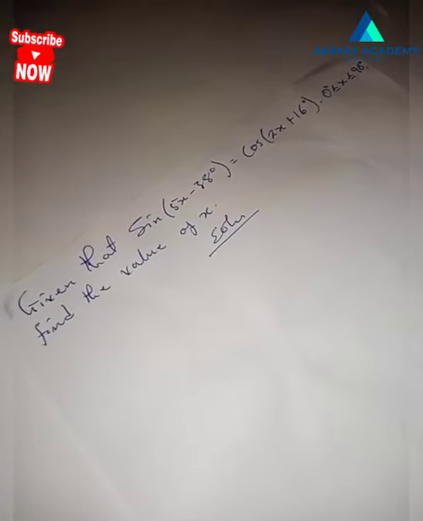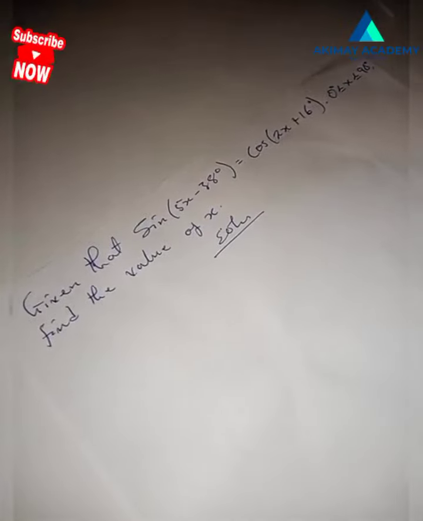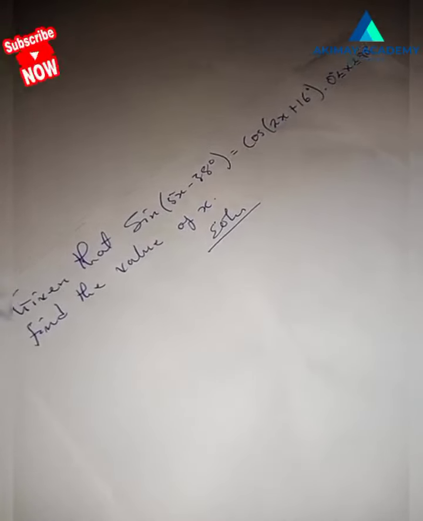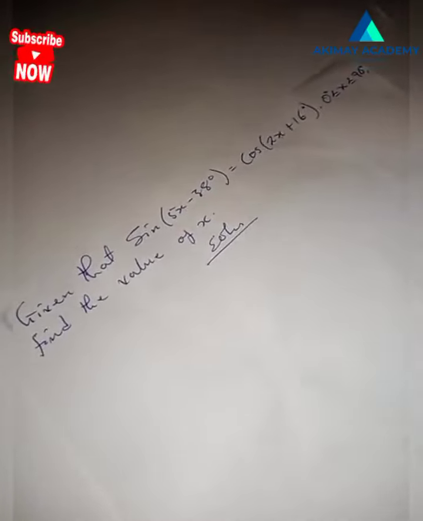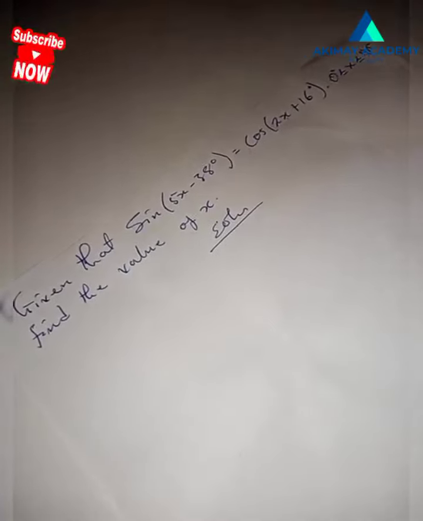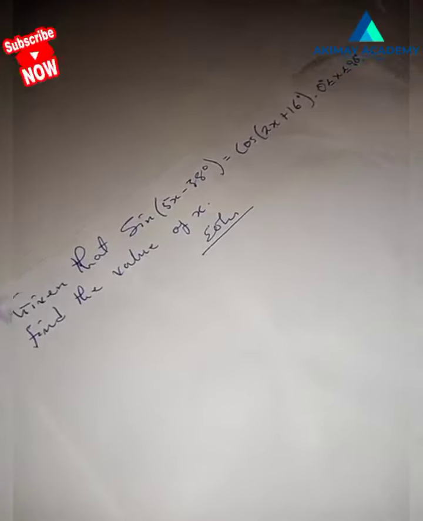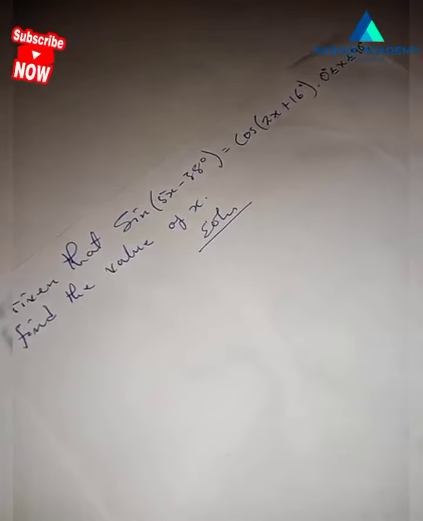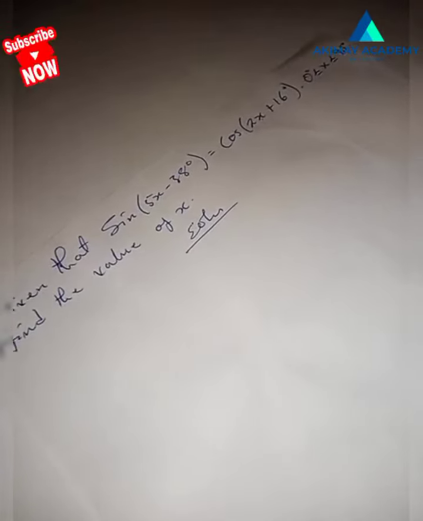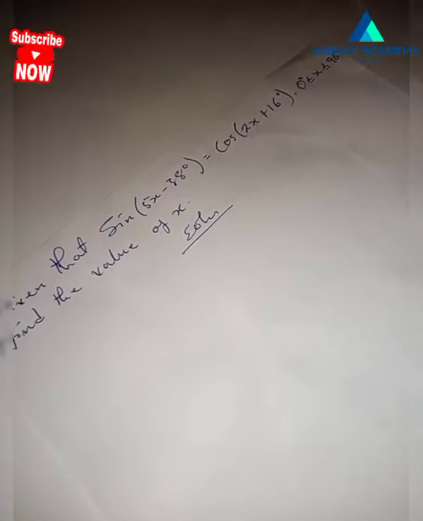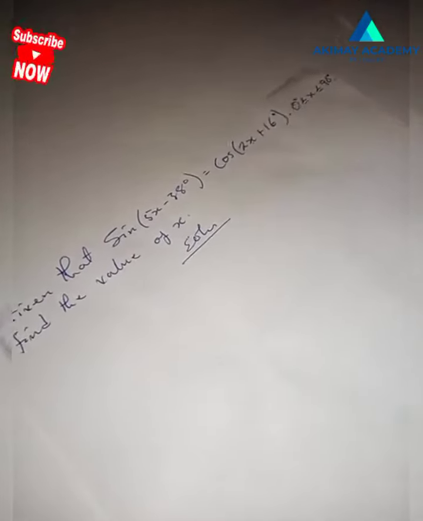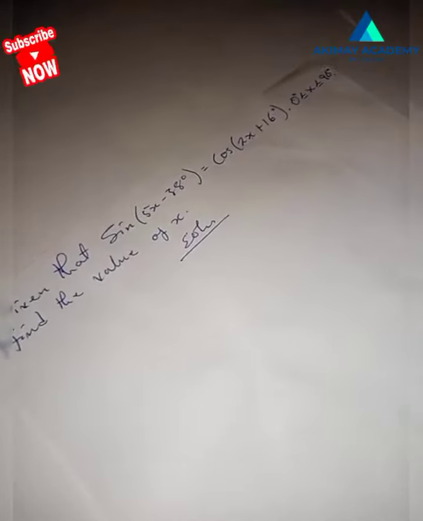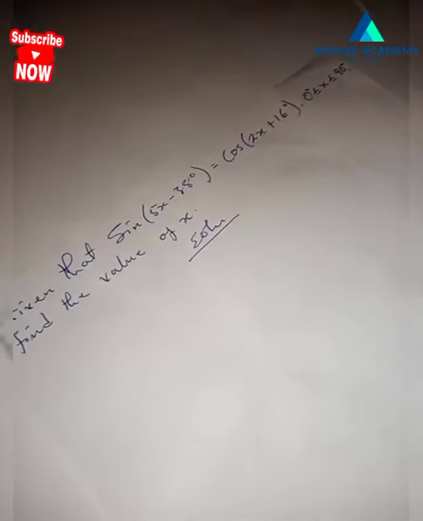As we just stated, sine 30 degrees is equal to cos of 90 minus 30, which is cos 60. Hope we are getting it. Because they are complementary, they sum up to 90 degrees.